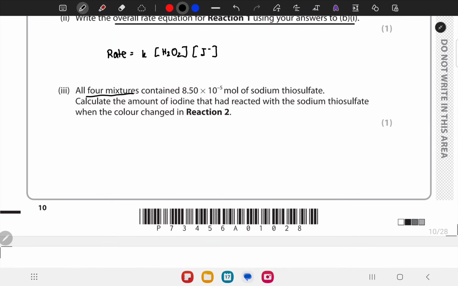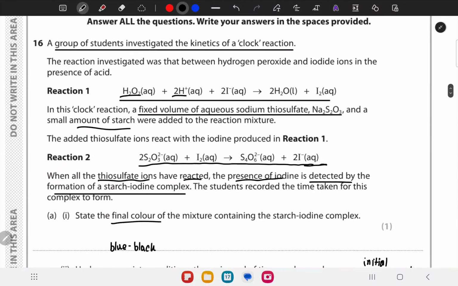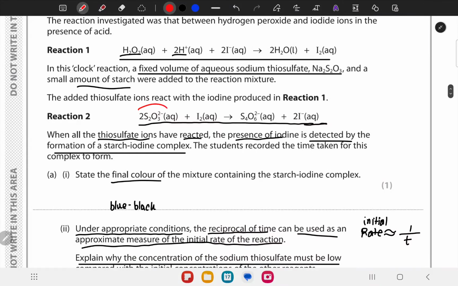Now we're told that all four mixtures contained 8.5 × 10^-4 moles of sodium thiosulfate. We have to calculate the amount of iodine that had been reacted with the sodium thiosulfate when the color changed in reaction 2. If we look at the mole ratio, 2 moles of sodium thiosulfate reacts with 1 mole of iodine.